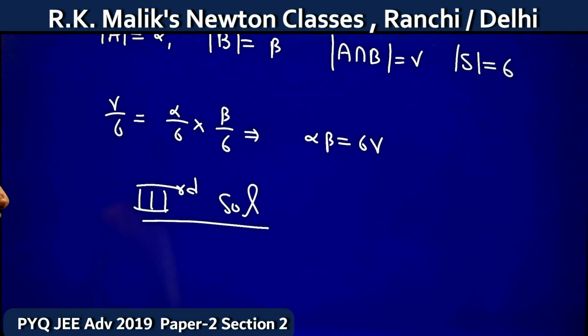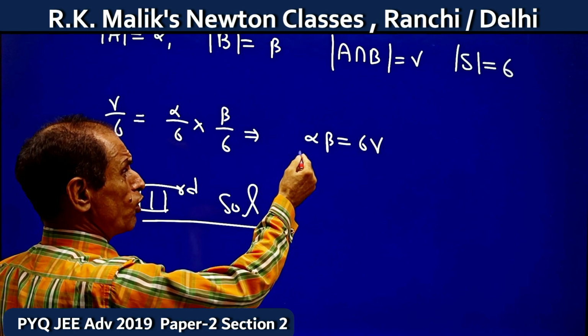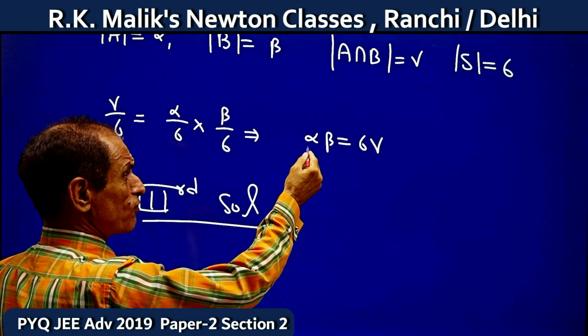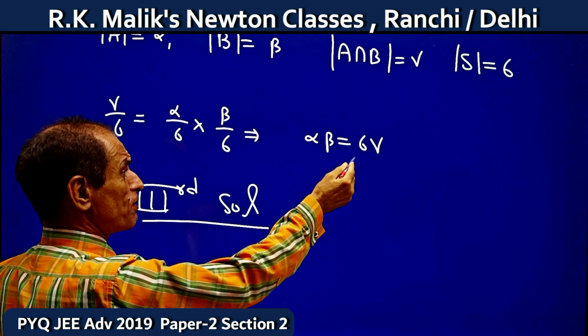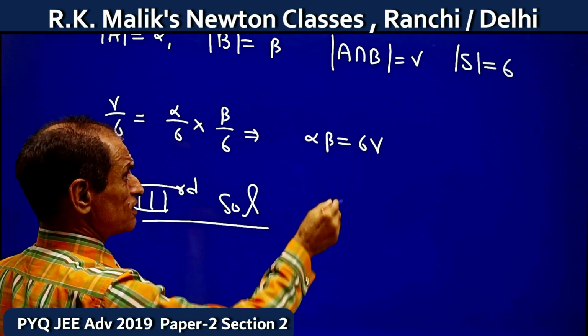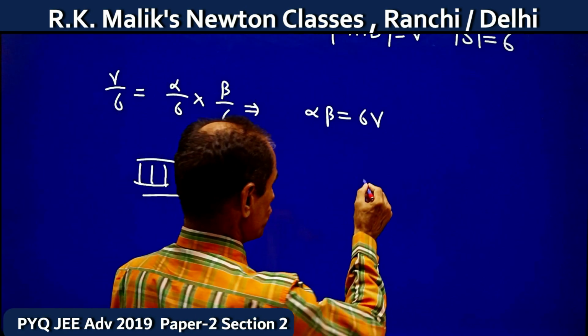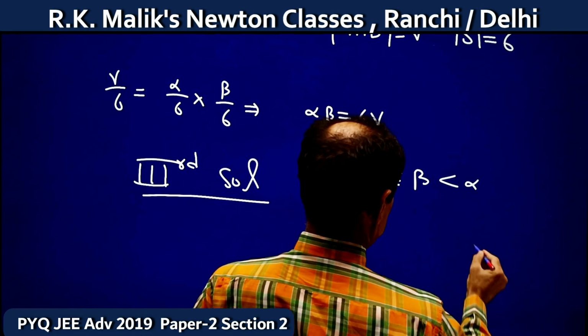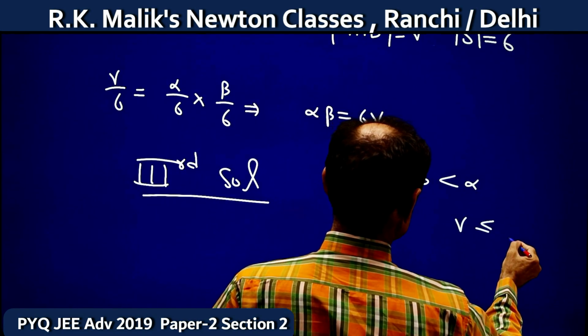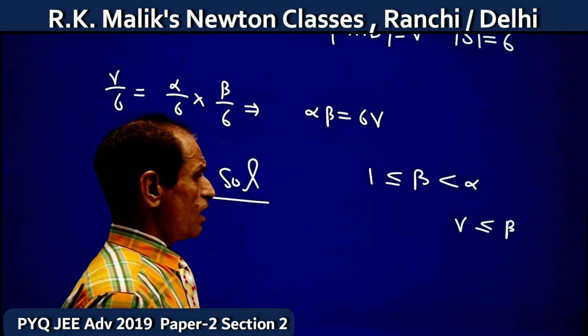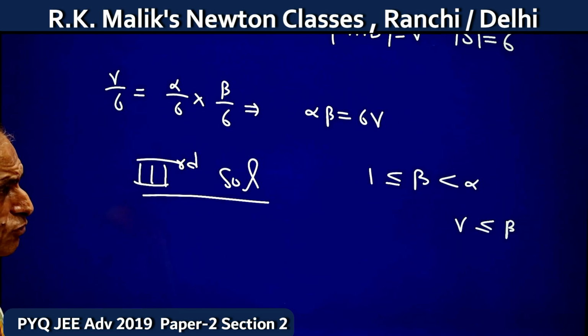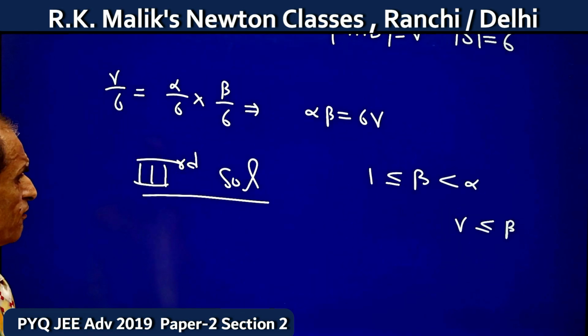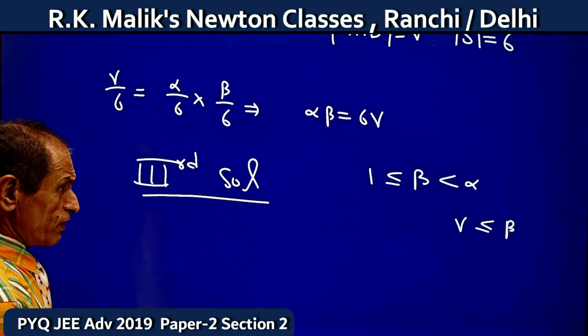In this solution, I'll be taking the value of alpha and find the value of beta and gamma such that this condition is satisfied, and also 1 less than equal to beta less than alpha and gamma less than equal to beta are also satisfied. It's clear that the value of alpha cannot be 1.